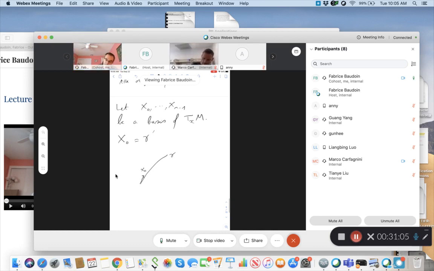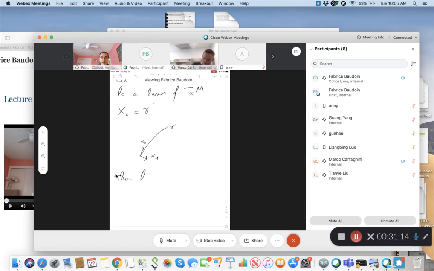This frame at x can be parallelly transported along the curve gamma, using the parallel transport that we studied last week.